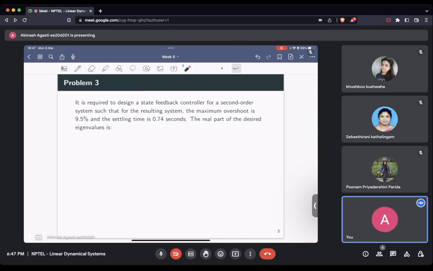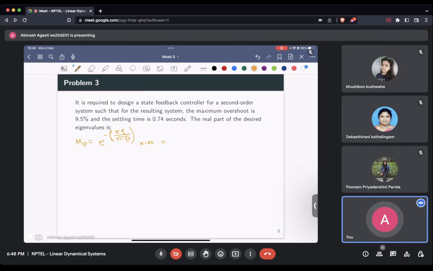Okay, so what we do is, let us first write down the formulas for the maximum overshoot and settling time. Anyone remember that? Maximum overshoot, anyone? Okay, so this is the formula: e to the power minus pi zeta by root of 1 minus zeta square, into 100 will give me the percentage.